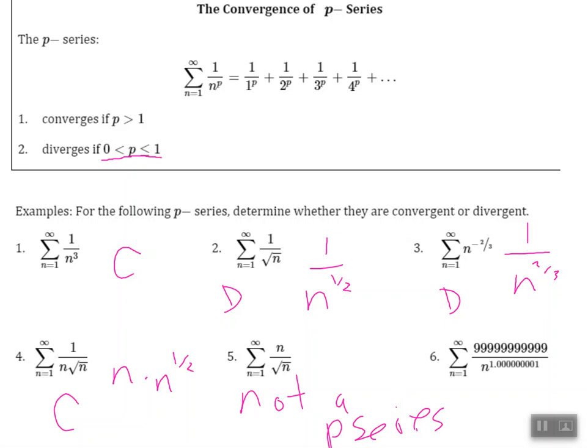There's several tests that you can use to figure out if something converges or diverges. We're not going to go over all of them. Most of them just let you know if something converges or diverges. I will show you one next time that allows you to find a sum. But overall, I think we're looking at about 8 different tests that we're going to do.